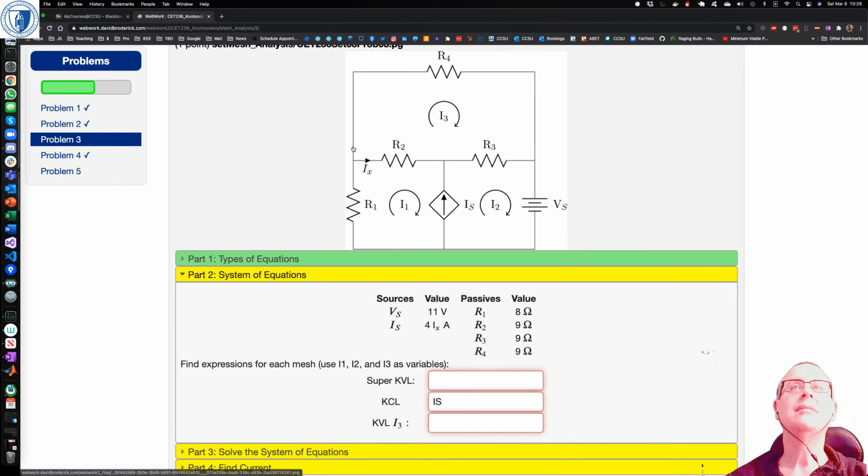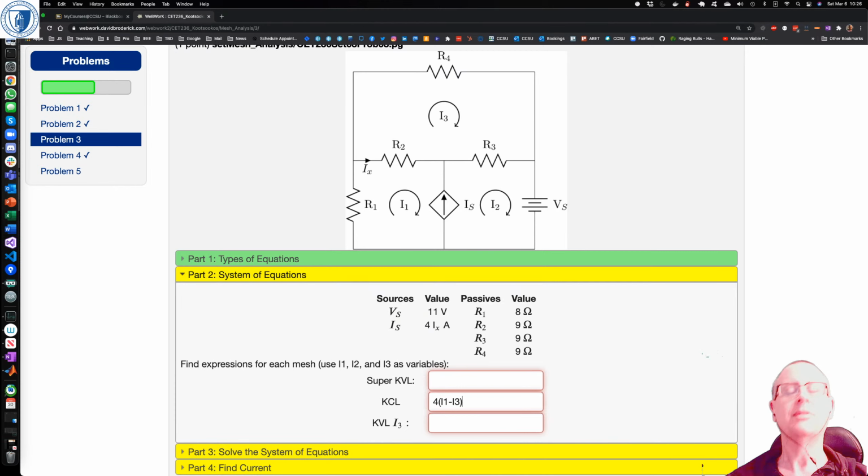So we might have IX is equal to I1 minus I3. So IS is equal to 4 times I1 minus I3.